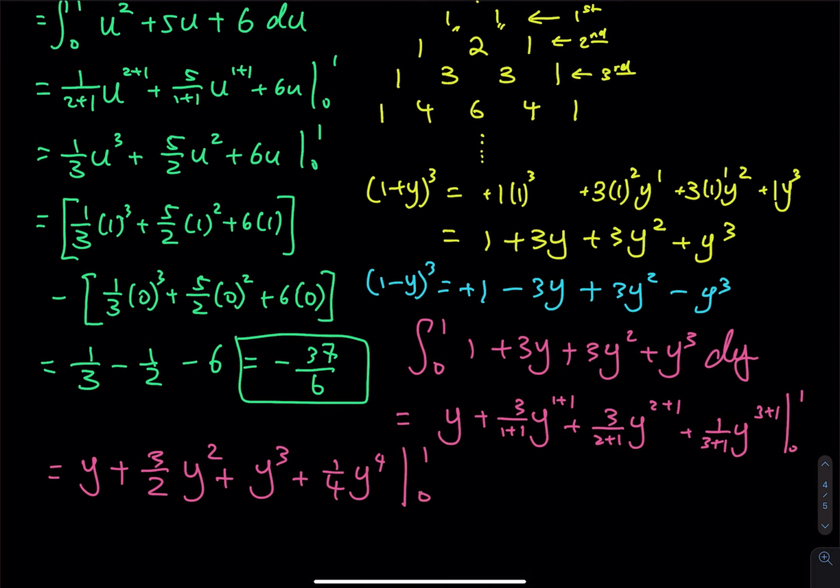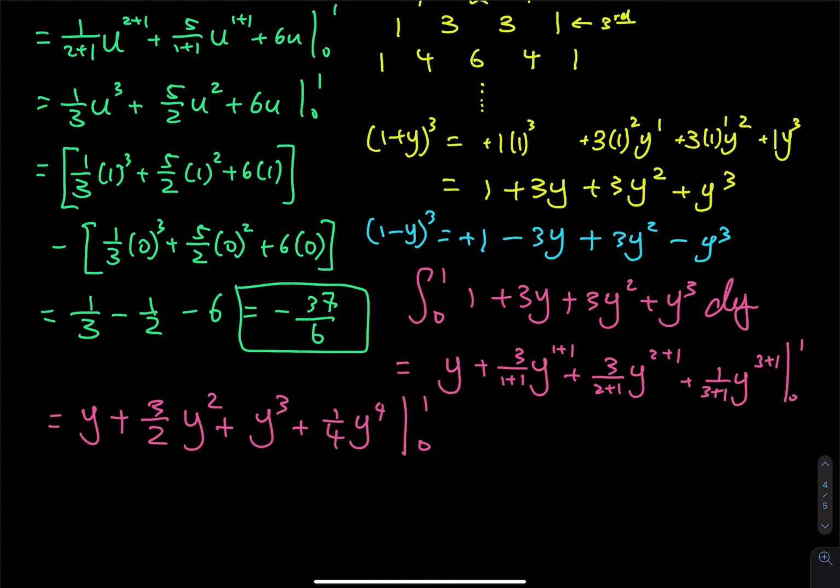Now, check your work. When you take the derivative of this, you go back to the integrand. Just take a look really quick. Take the derivative. So that goes back to the integrand immediately, right? Okay, now let's apply the fundamental theorem of calculus. We plug in a 1, so that will be 1 plus 3 over 2 times 1 squared, plus 1 to the third, plus 1 over 4 times 1 raised to the fourth power.